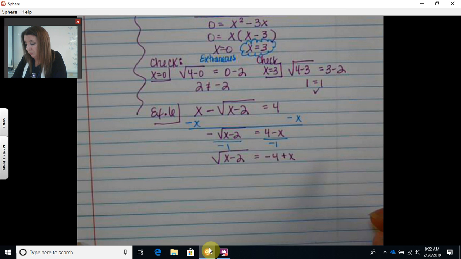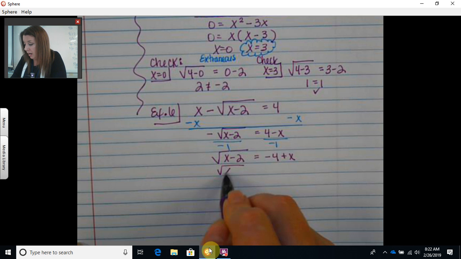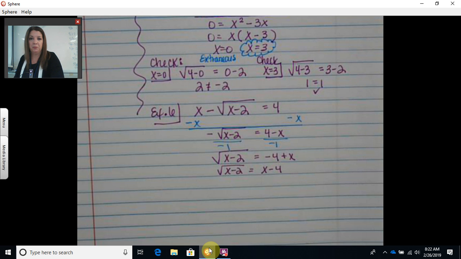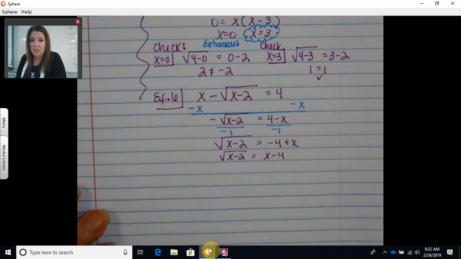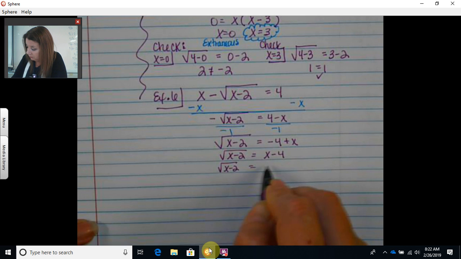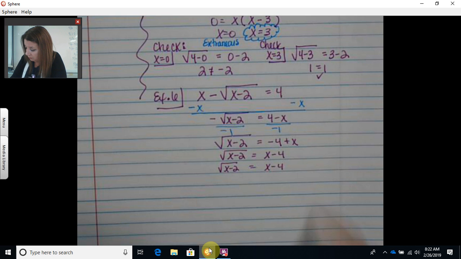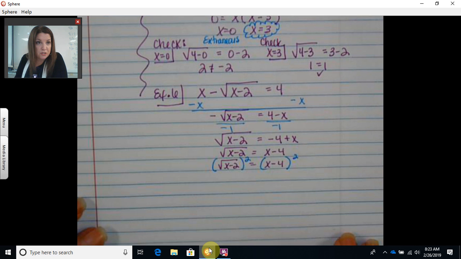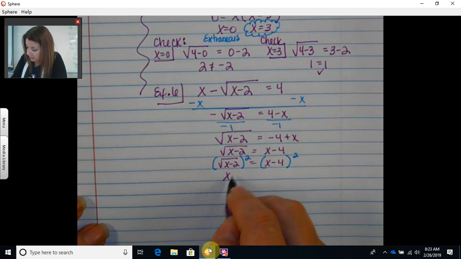And now square both sides. Really, I'm probably going to rewrite this as x minus 4, just so it doesn't look weird, you know. So yes, now I'm going to square both sides. So square root of x minus 2 quantity squared is x minus 2. x minus 2 equals x minus 4 quantity squared.